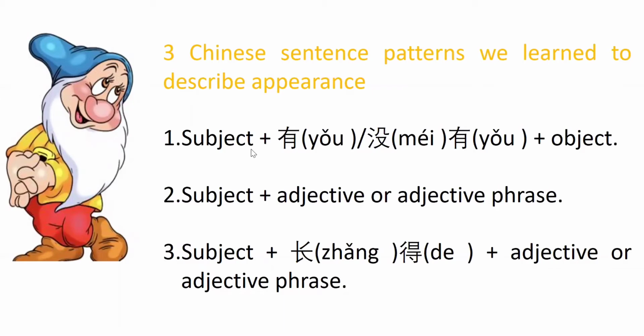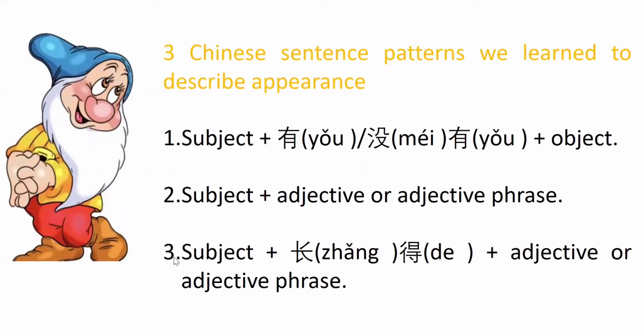First is the subject you want to talk about plus 有 or 没有 plus the object. 有 means have, 没有 means not have. So the subject has or does not have something. Number 2 is the subject plus adjective or adjective phrase. For example, if the subject is your hair, you can say your hair, adjective long, or very long as an adjective phrase.